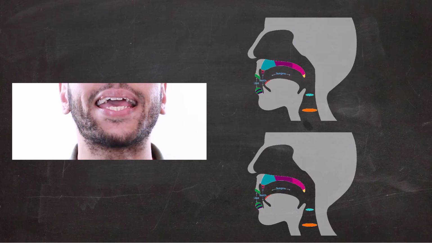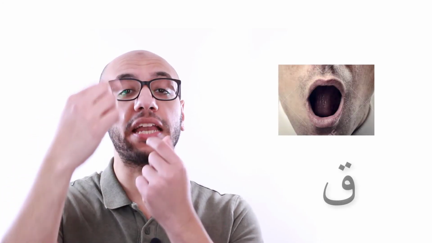You also need to observe that the lips are also doing some work. When you pronounce the ka sound, your lips are doing like a smiling movement. While the qa, the lips are a little bit going up and down as if you're pronouncing an O sound. Not exactly O, but it looks like that.